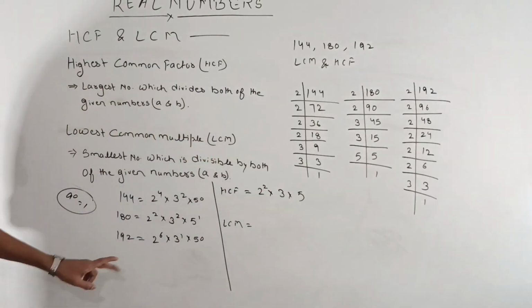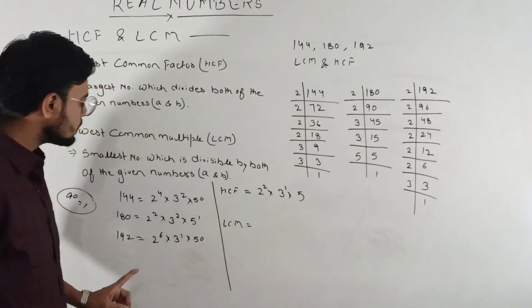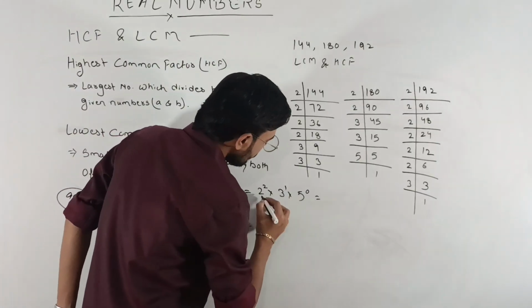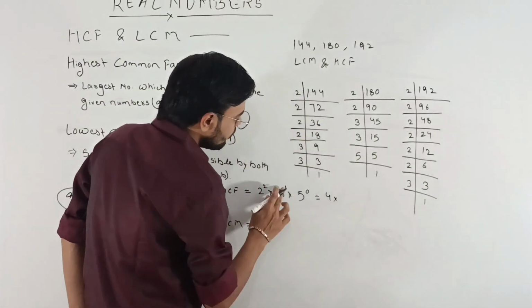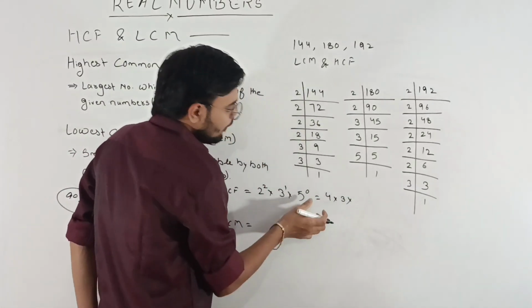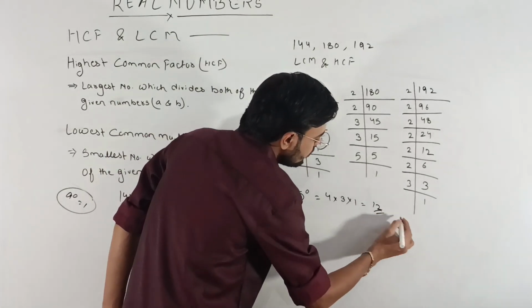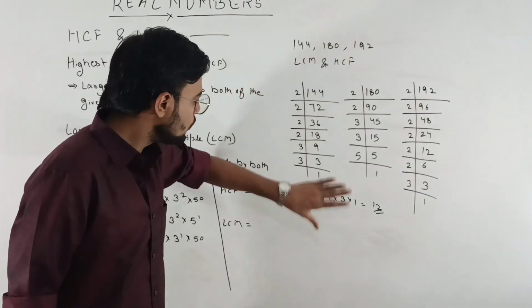Now for 3, the smallest among 2, 2 and 1 is 1. And for 5, the smallest power is 0. Then 2 to the power 2 is 4, 3 to the power 1 is 3, and 5 to the power 0 is 1. Then 4 3s are 12. Our HCF of 144, 180 and 192 is 12.